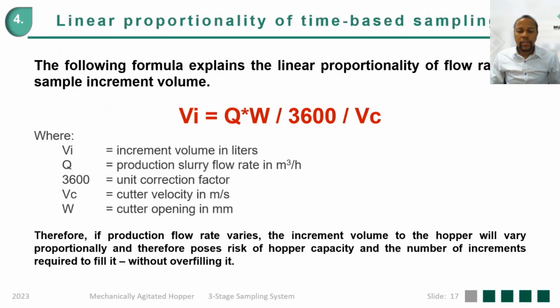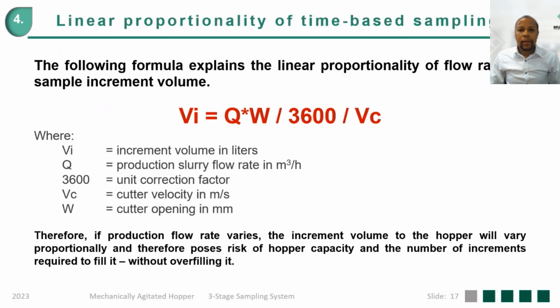In order to calculate the volume collected with one cut of the sampler going through the stream, we need the flow rate that's running through the stream. We multiply the flow rate by the width of the cutter. The width of the cutter needs to be 3 times the nominal top size of the material.